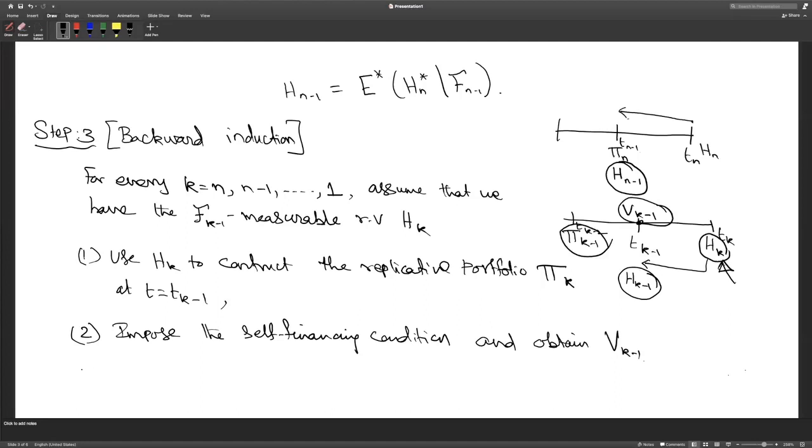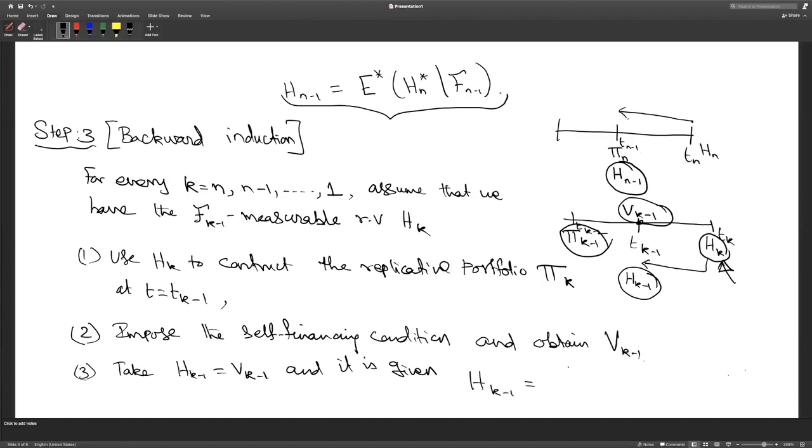And then finally the no arbitrage theorem we can use to define Hk minus 1 equal to Vk minus 1, and it is given by exactly the same expression as we got, because there is no change in these steps. Only thing is, instead of n we have to put k, the index, that's all. Otherwise all the other expressions remain the same, and we get Hk minus 1 is equal to that expression, which we will write in this notation, given Fk minus 1.